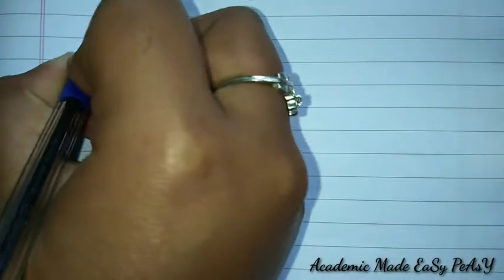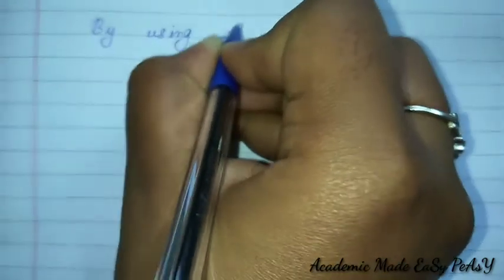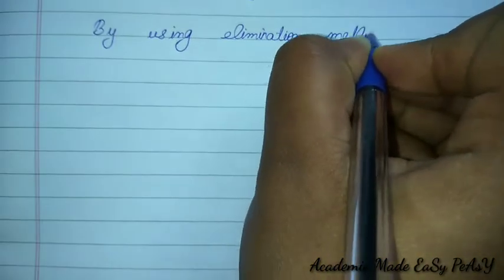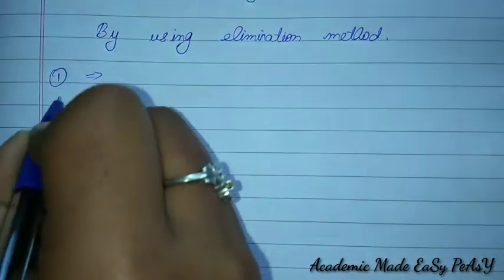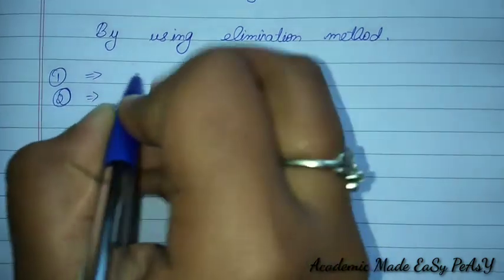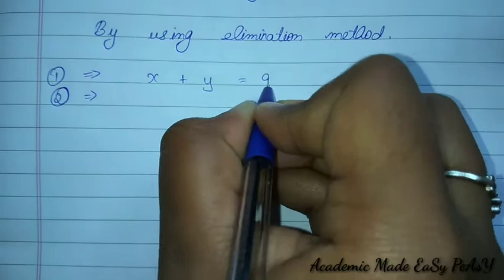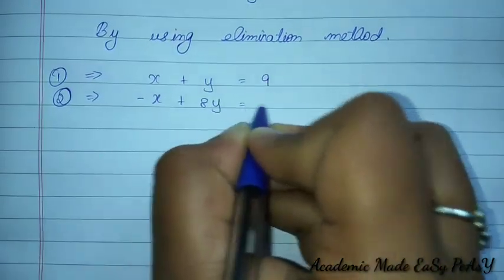So by using the elimination method, since I have equation 1 and equation 2, equation 1 is x plus y is equal to 9 and minus x plus 8y is equal to 0.